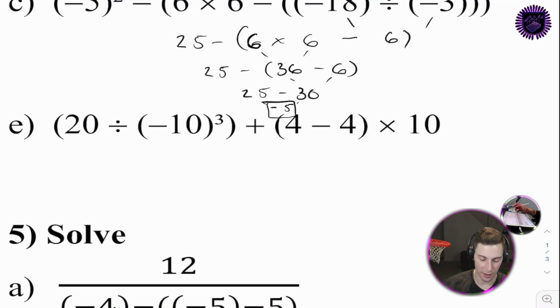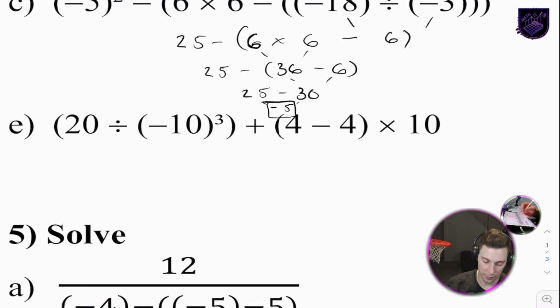10 to the... Oh my gosh. All right, so 20 divided by negative 10 to the power of 3. 10 times 10 times 10 plus 4 minus 4. All right, well, let's do it.